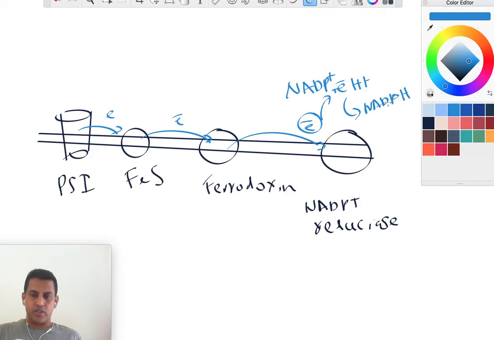That is, it's oxidized to reduced form. So that's the oxidized form and that's the reduced form. To make it reduced, the energy from the electron is donated by the NADP plus reductase complex, that electron and energy, and then the hydrogen ion, they make NADPH. So NADPH is formed in the stroma.